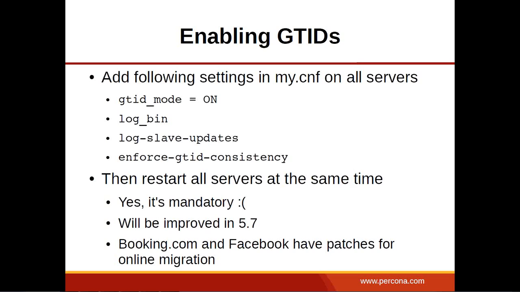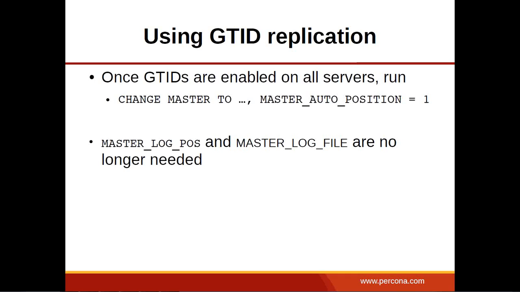So you have to go to all your slaves and run CHANGE MASTER TO with MASTER_AUTO_POSITION equals 1. When you use it, you no longer need MASTER_LOG_POS and MASTER_LOG_FILE. So you'll probably do something like CHANGE MASTER TO, MASTER_HOST equals something, MASTER_USER, MASTER_PORT, MASTER_PASSWORD, and then MASTER_AUTO_POSITION.